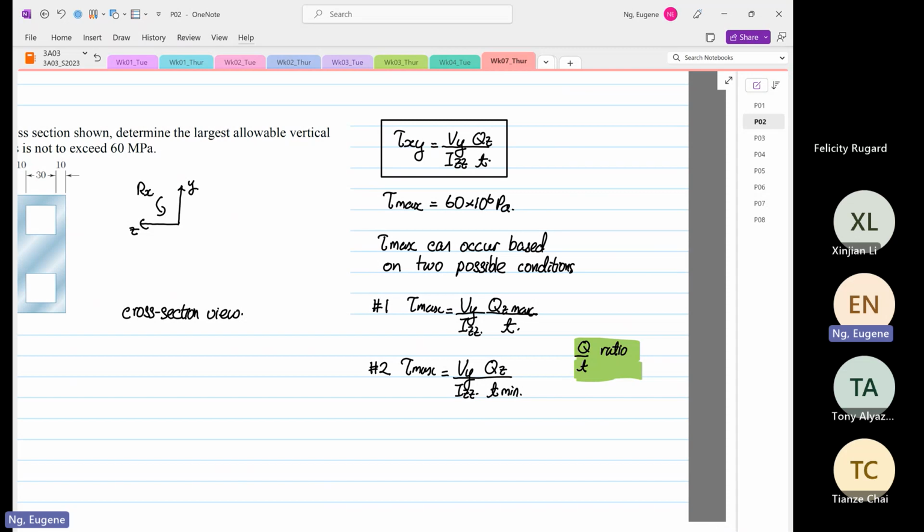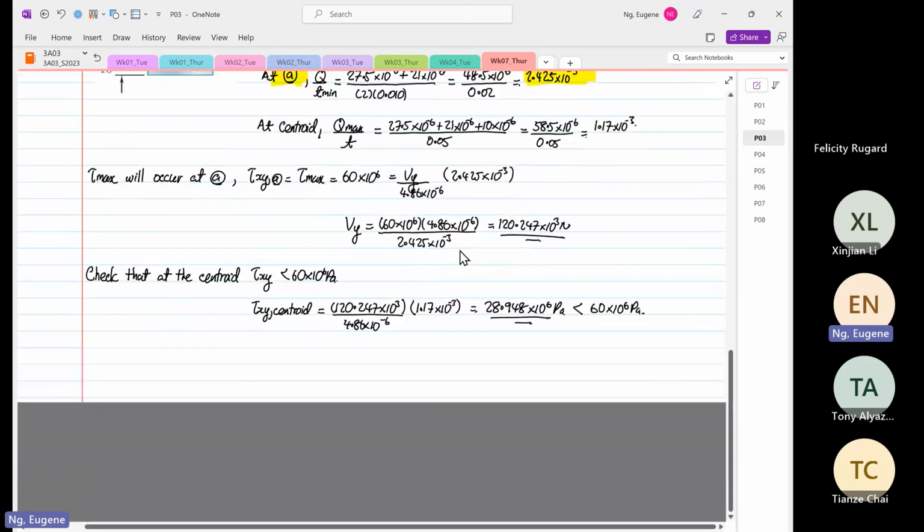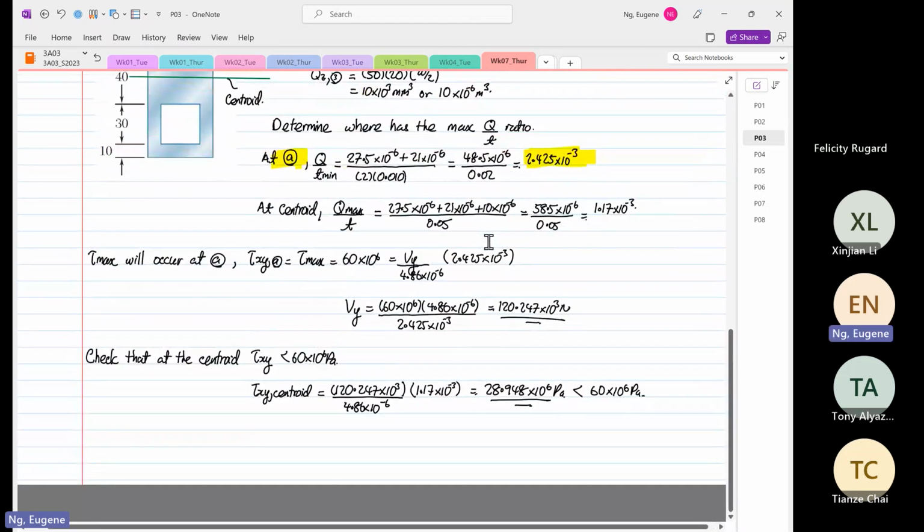So before I stop, I want to show you the sketch of the shear stress, because it's interesting how the shear stress is going to look.